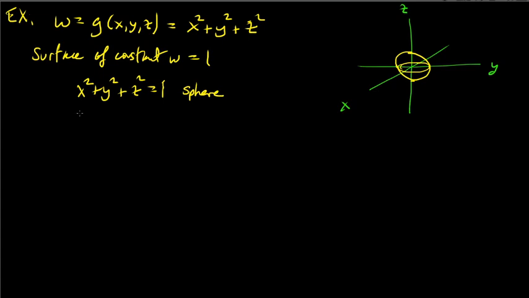Okay. So if w is a different value, let's say 9, that's also a sphere, but now the radius is 3 instead of 1. So it's still a sphere, it's just a bigger one.